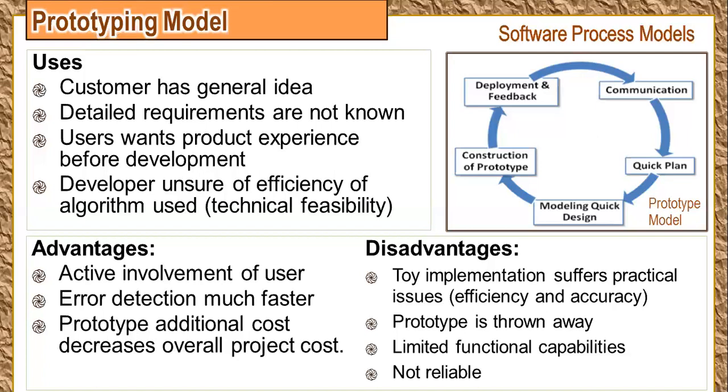Now based on whatever requirements are known, they are going to create a quick plan of what is to be done, and based on that they will create a quick design model. What happens in quick planning and quick designing is they focus on representing those aspects of the software that are visible to the user.